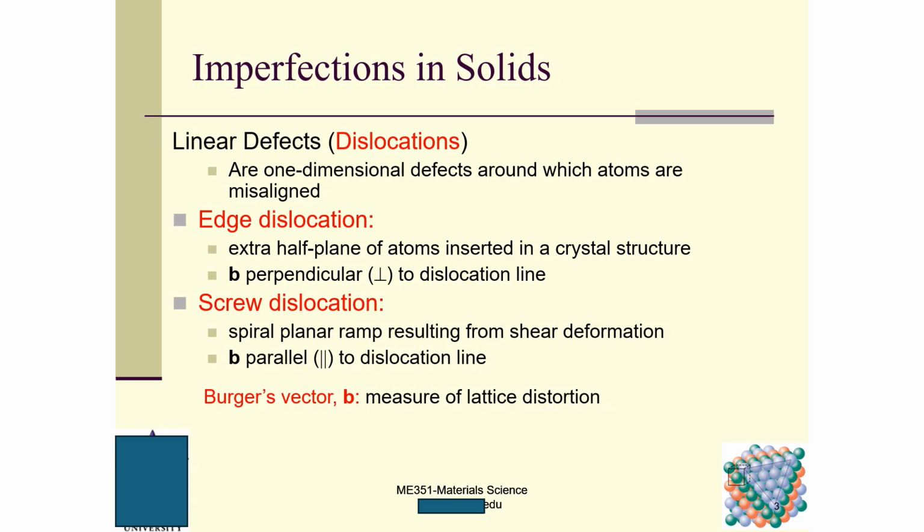And the second one is a screw dislocation, a spiral planar ramp resulting from shear deformation. In this case, the Burgers vector is parallel to the dislocation line.